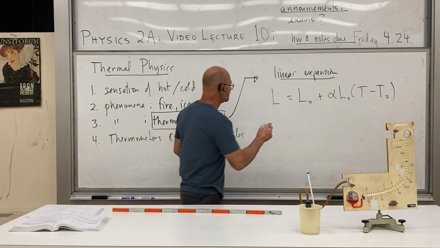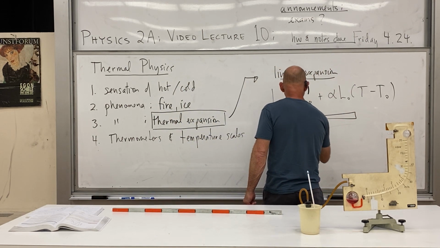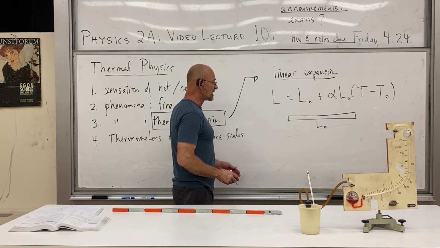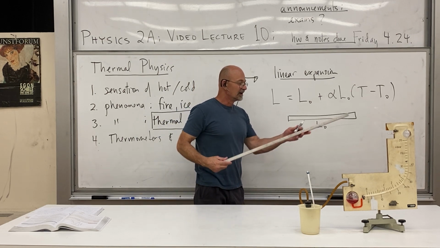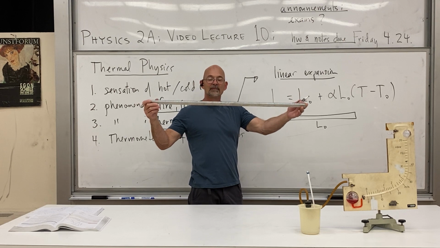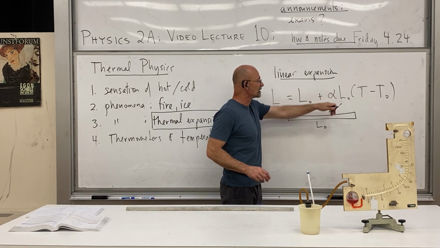What it means is if you have some object of length L0 and you apply heat to it, it gets a little bit longer. This meter stick, if we heated it up, would actually get a little bit longer. But how much longer depends upon this coefficient of thermal expansion.